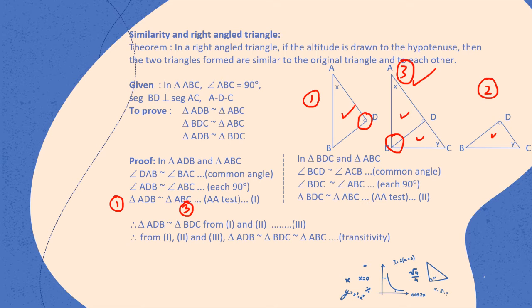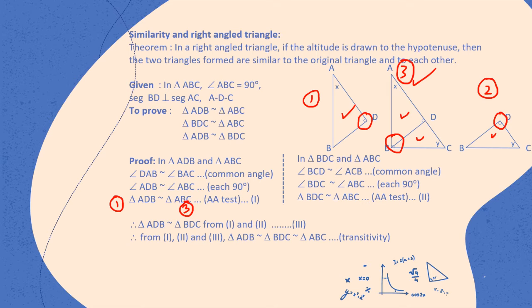We also have a 90 degree angle at B and a 90 degree angle at D. So angle BDC is similar to angle ABC, both 90 degrees. Triangle BDC, that means triangle number 2, is similar to triangle number 3, using the AA postulate.